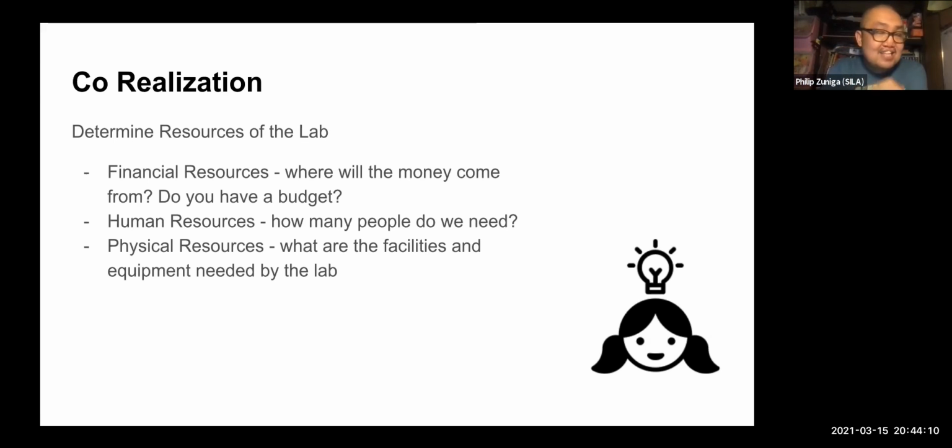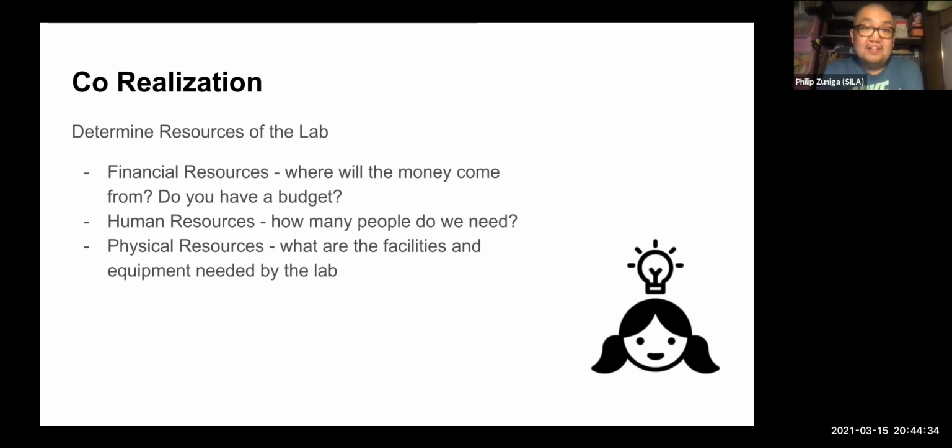If we will be a capacity building lab, then we will need to hire trainers. For us to hire trainers, we need to put them on our budget. So for each country, the budget and the financial resources will be different because again, there will be different problems to be solved. We need to identify human resources.